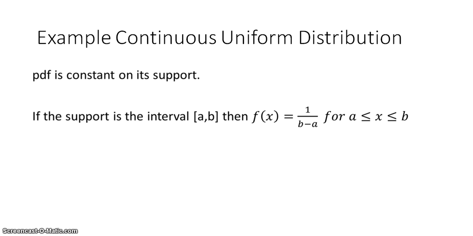If we integrate this function from a to b, it'll give us a total area under the curve of 1, so we know that it is in fact a probability density function. We use the notation x is distributed U, for uniform, on the interval a to b.